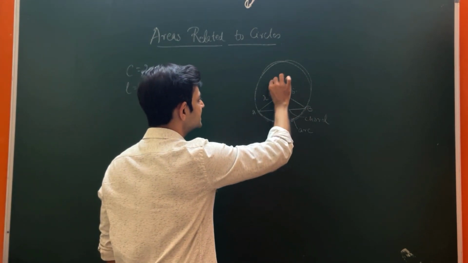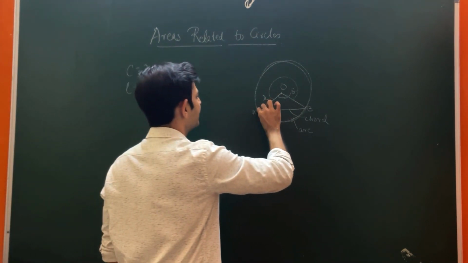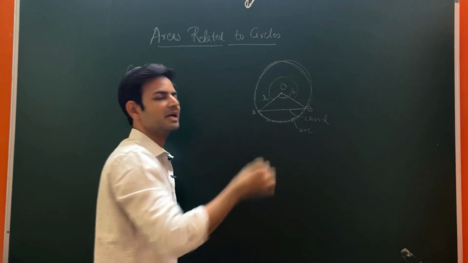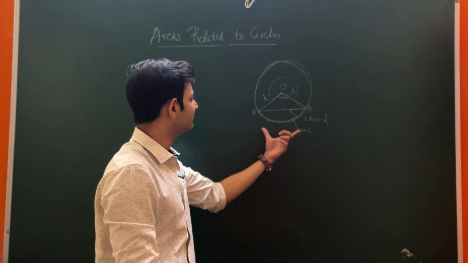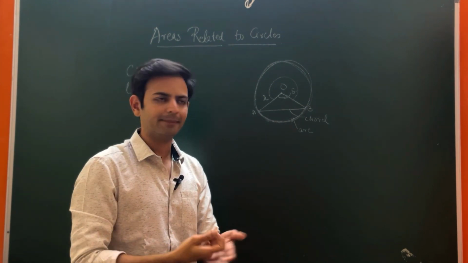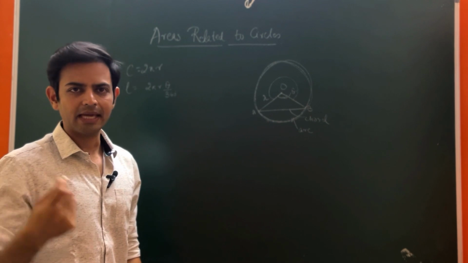Again, if this is the theta we are considering, we will get the value of the major arc. Alternately, if you have the circumference and you can find the minor arc, subtract them and you get the length of the major arc. Now moving on to the area part.